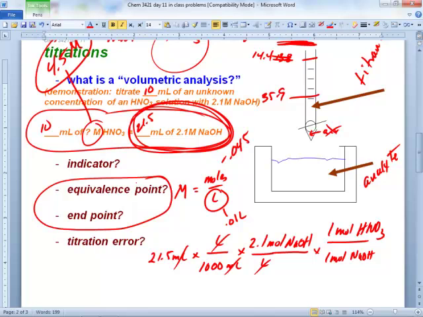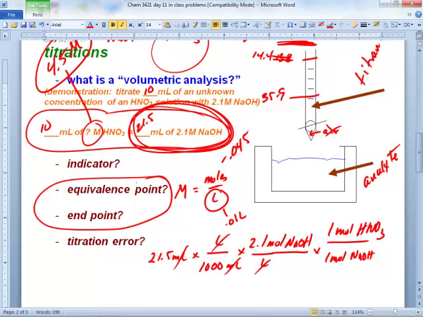Okay, think of it this way. All of this NaOH that we just added, we used it. And we said this mils of NaOH is equal to this amount of HNO3. Not true, because some of that NaOH was used to titrate the water. It sounds weird to titrate water, but there's acid in here because of the deionizing process.